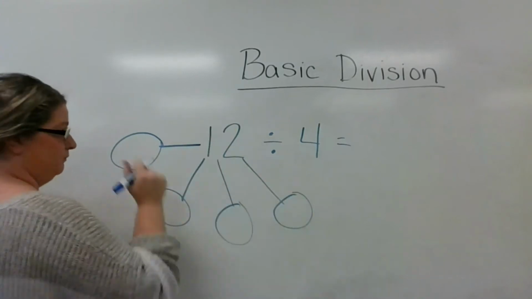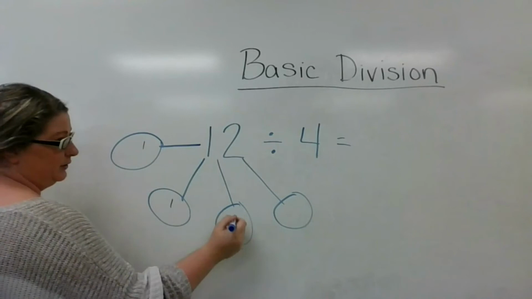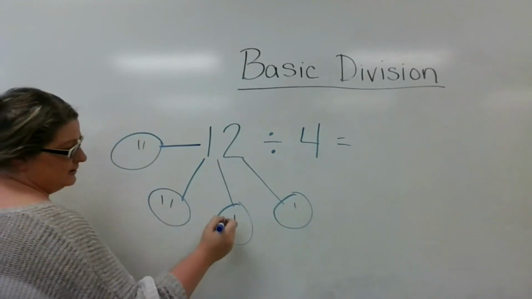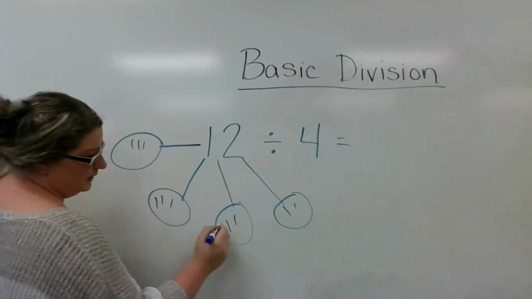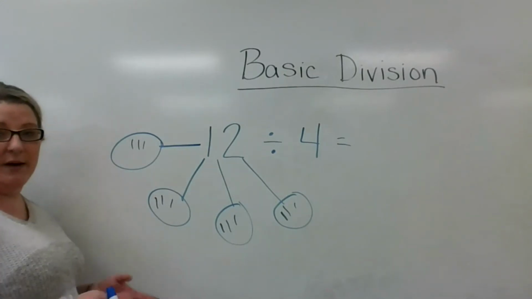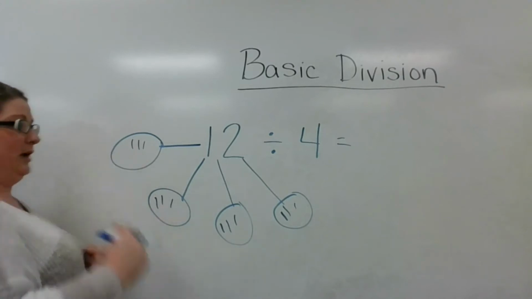But I'm going to count out my 12. So I have 1, 2, 3, 4, back to the beginning, 5, 6, 7, 8, back to the beginning, 9, 10, 11, 12. I was able to equally split up my number 12 into 4 groups of 3.